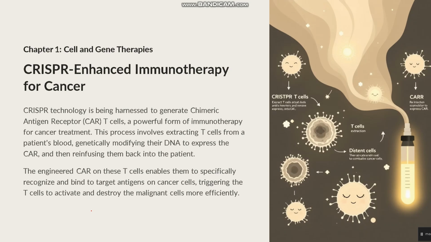The next one is CRISPR-enhanced immunotherapy. CRISPR technology is being harnessed to generate chimeric antigen receptor T cells, called CAR T cells. The CAR T cells attack the cancer cells, a powerful form of immunotherapy for cancer treatment.